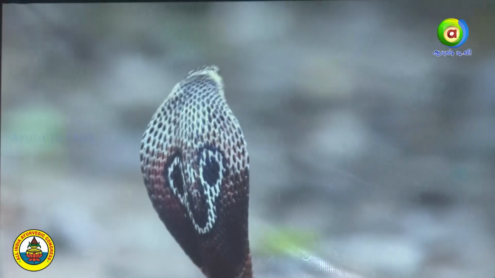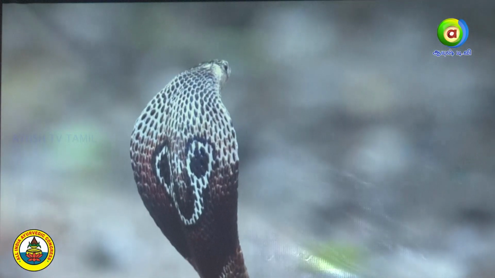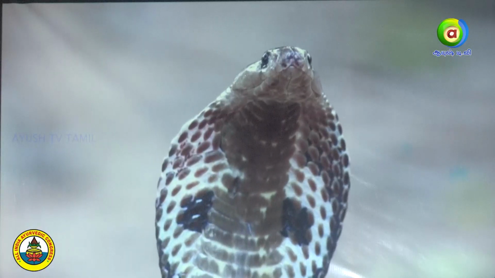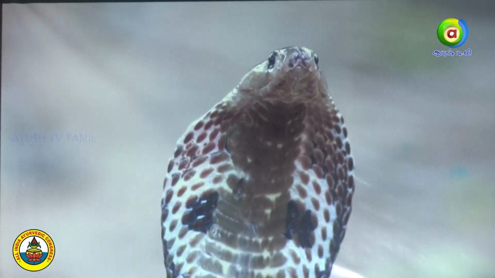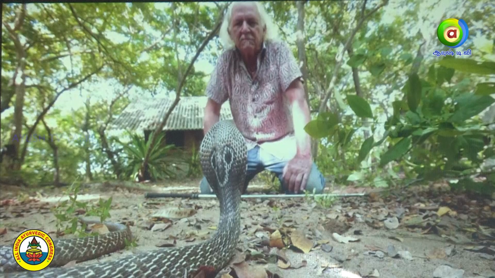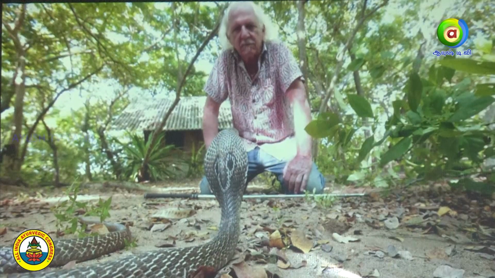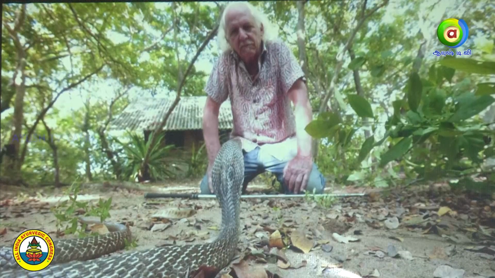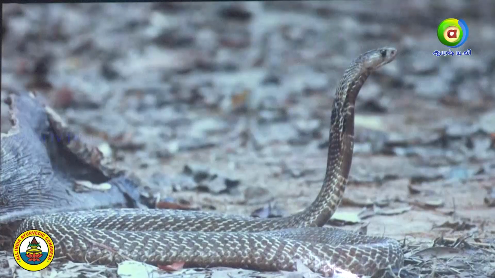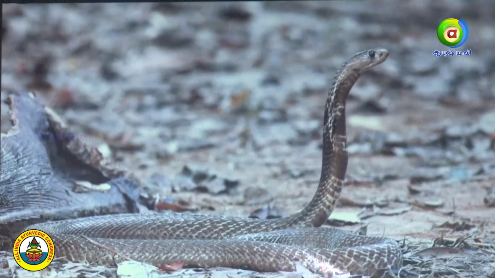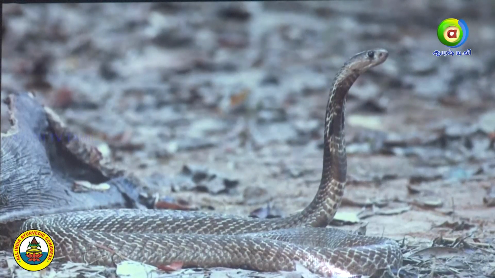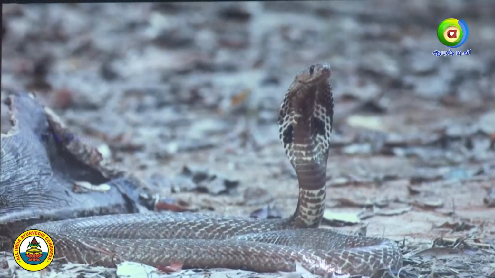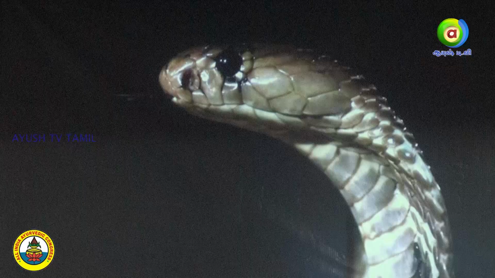When met face to face, they do everything they can to scare us. By spreading its hood, the snake appears larger and menacing, a clever attempt to scare you. It isn't trying to attack, it is trying to say, "Leave me alone." If making itself look bigger doesn't work as a scare technique, the cobra pulls an ace trick.